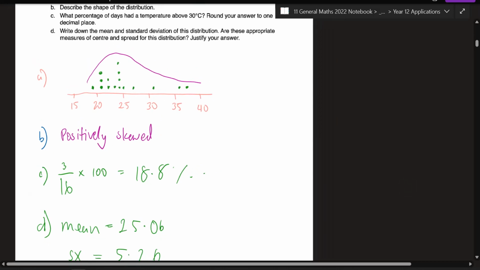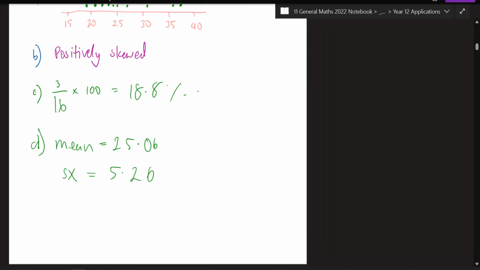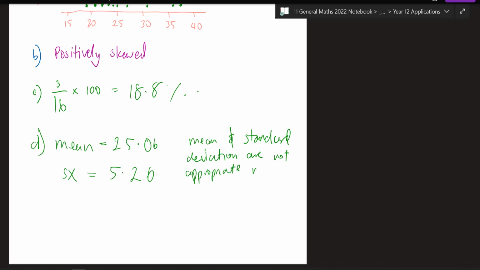So what you would say for question D is mean and standard deviation are not appropriate measures of center because the data is skewed, or the data is positively skewed.